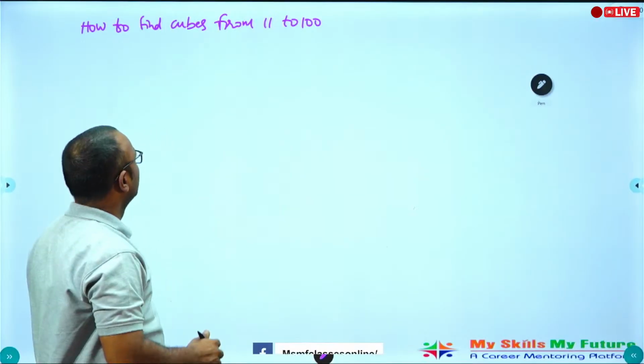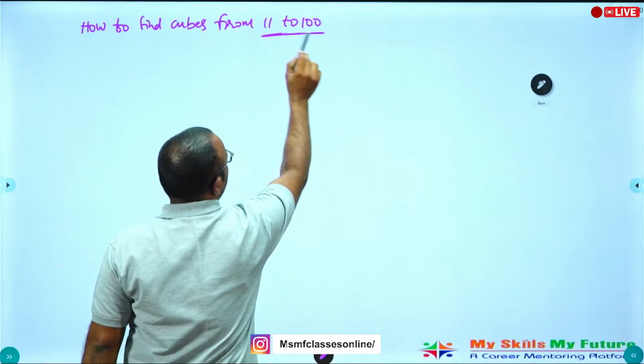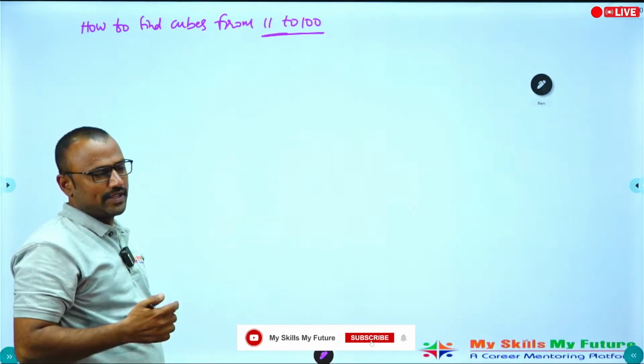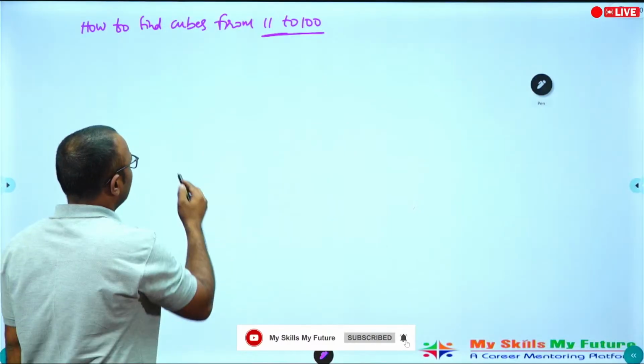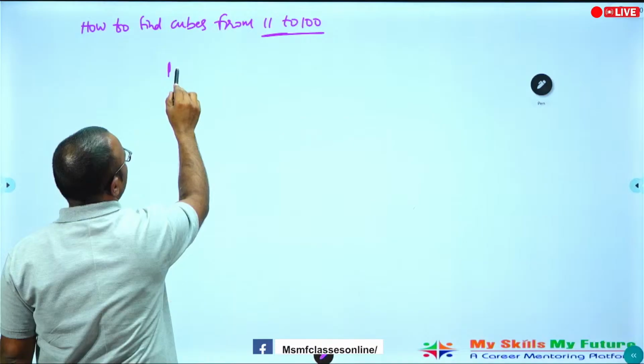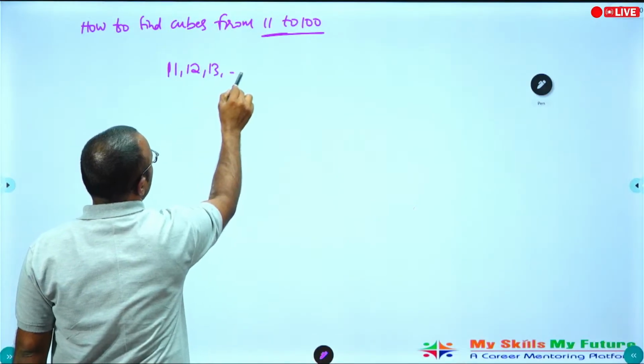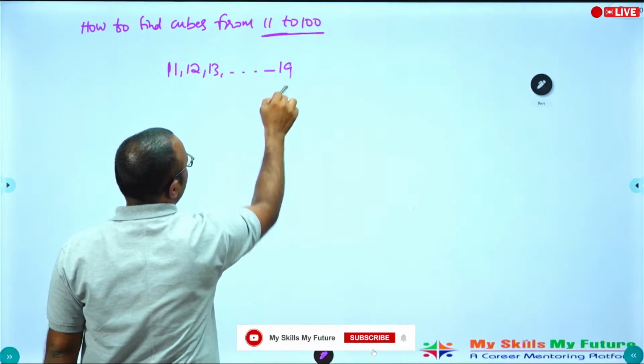I classified these numbers in 4 ways. What are they? Starting with 1, that is 11, 12, 13, and so on up to 19.